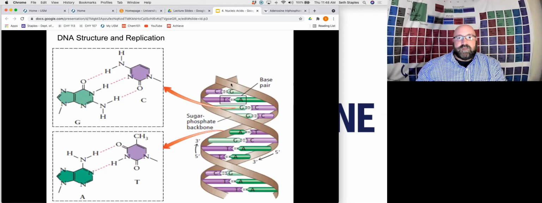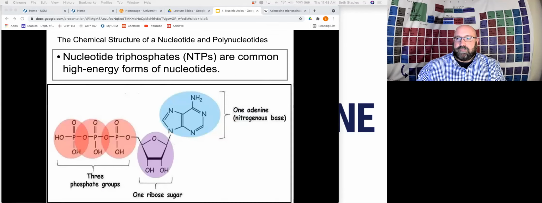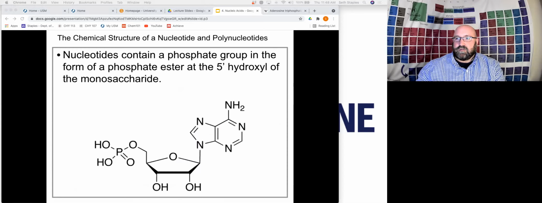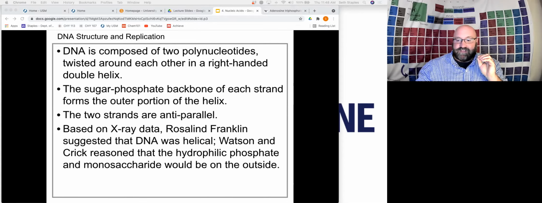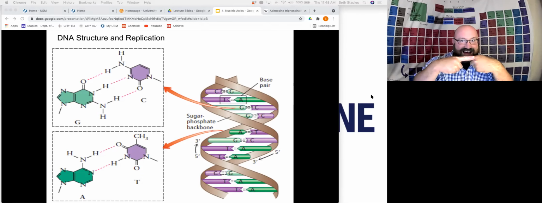And so here's what we mean. Here's our sugar phosphate backbone. Here's our sugar phosphate part of the nucleotide. This is what we mean when we say the sugar phosphate backbone: it's this part of the nucleotide, which is really making up the backbone of our helical shape, with the nitrogenous bases then hanging on the inside.